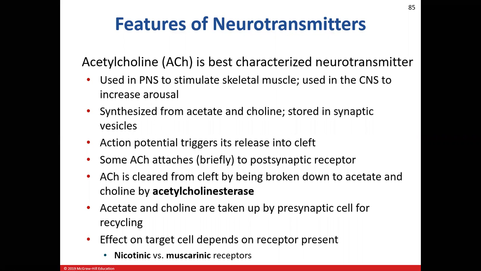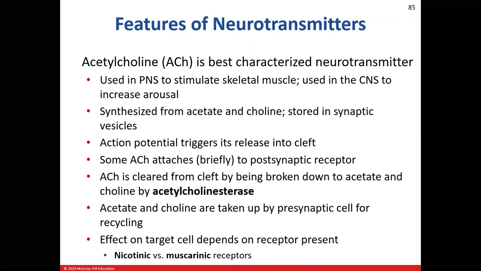And if we look at the breakdown of it, again, we've talked about all of these. Acetylcholine is then cleared from the cleft by being broken down to acetate and choline by acetylcholine esterase. Acetate and choline then are taken back up by the presynaptic cell, and they're essentially recycled. Now, their effect on target cells depends on the receptor that's actually present.